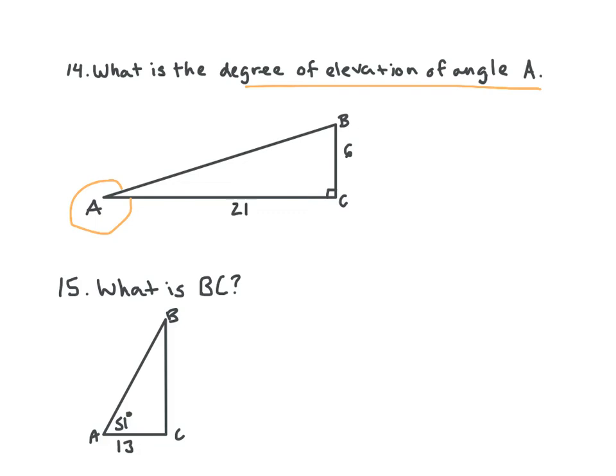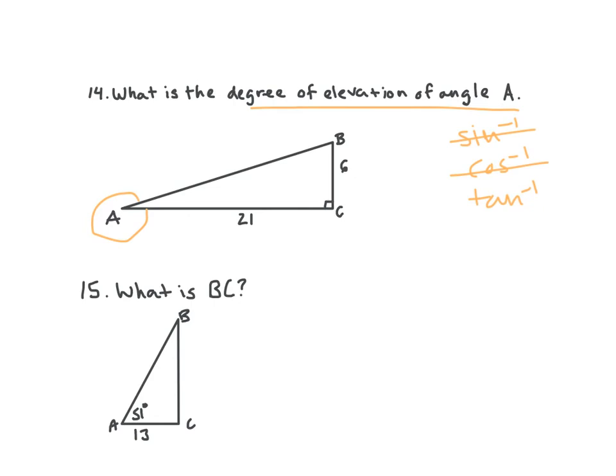The inverse. So we're going to use sine -1, cosine -1, or tan -1. But here it matters which one we pick because we don't have the hypotenuse. So which one of these three does not include the hypotenuse? Tangent. Since sine and cosine involve the hypotenuse, we can't use those. So we have to use tangent here.